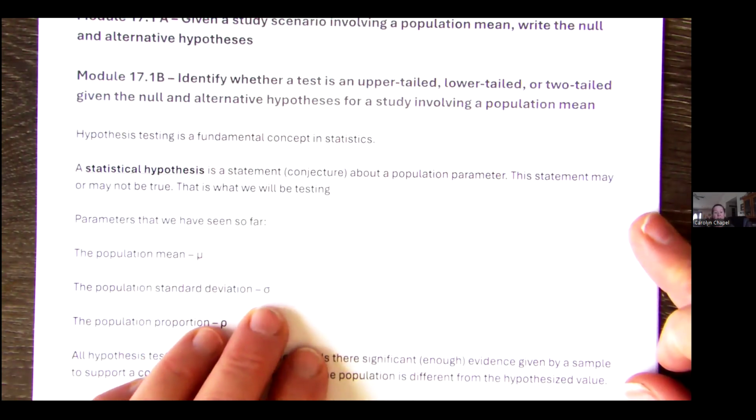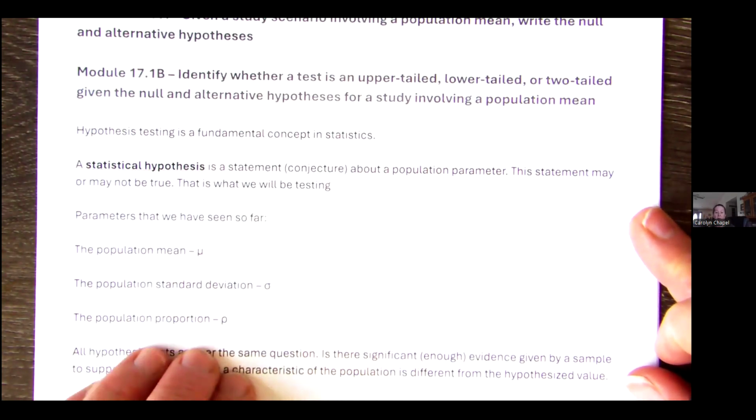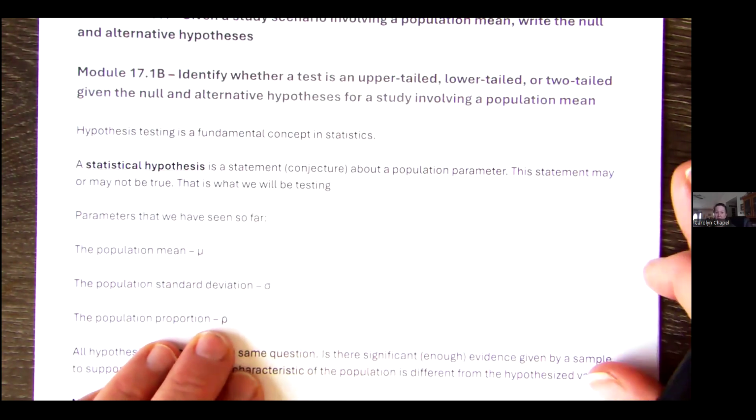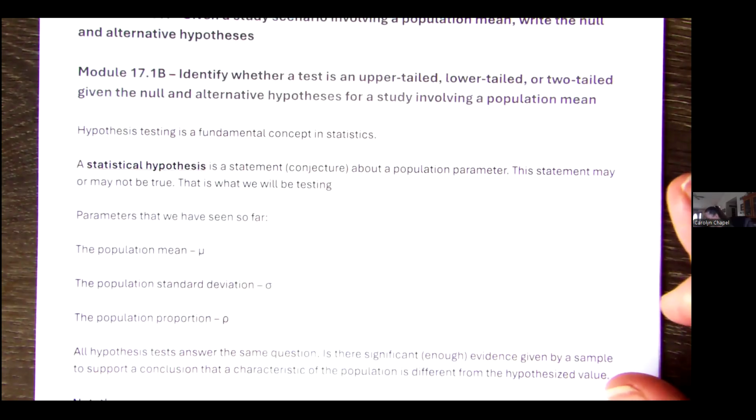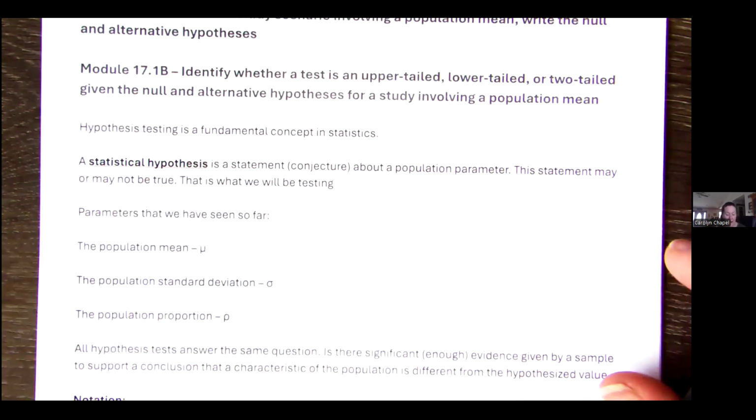We've talked about the standard deviation, and we've talked about the population proportion. There are lots more measurements out there; we are just touching on a few. But a statistical hypothesis is basically a statement or a guess or a conjecture about this population parameter. And the statement can be either true or not true, and that's what they're going to be testing.